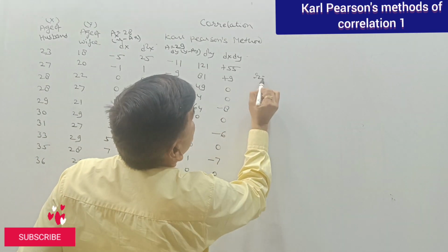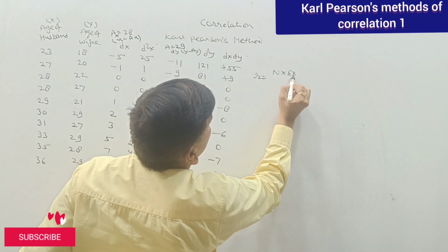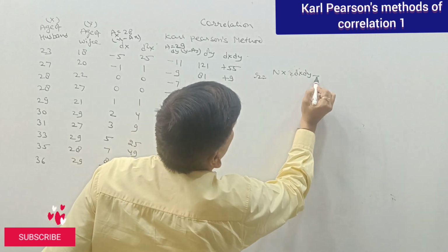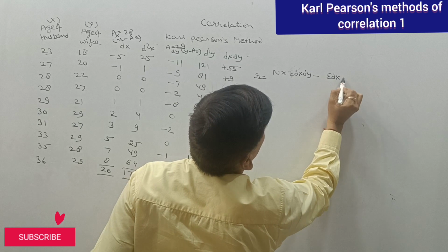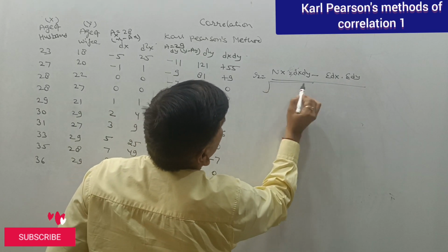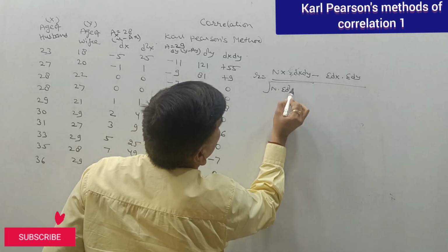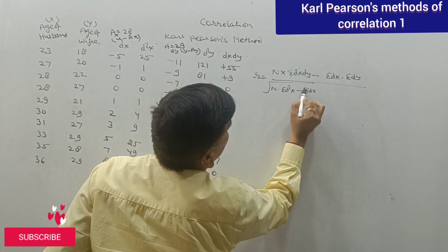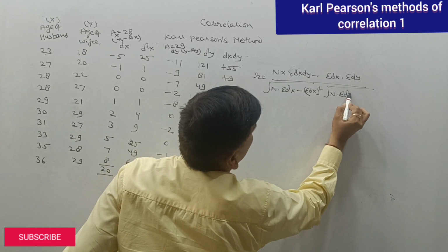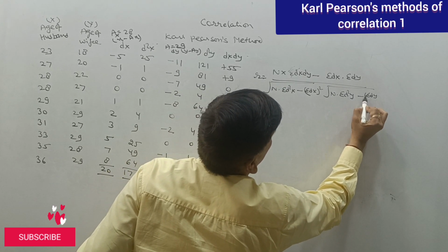So R is equal to n times sigma dx dy minus sigma dx times sigma dy, divided by, in the first, the square root of n times sigma d square x minus sigma dx raised to power 2, and in the second, the square root of n times sigma d square y minus sigma dy raised to power 2.